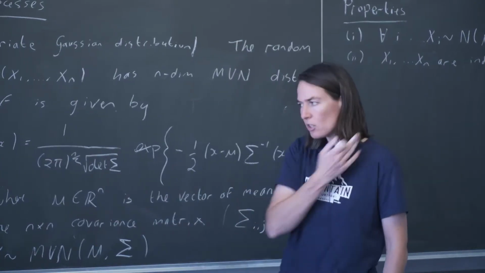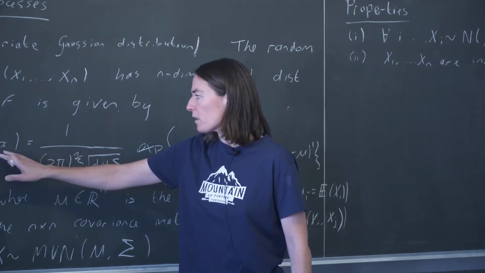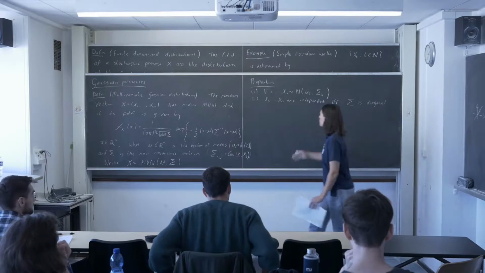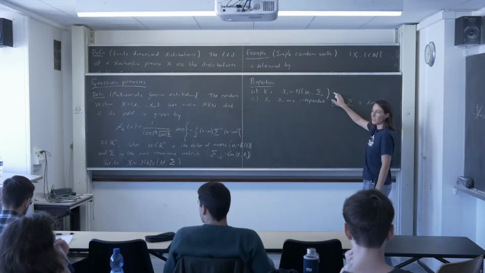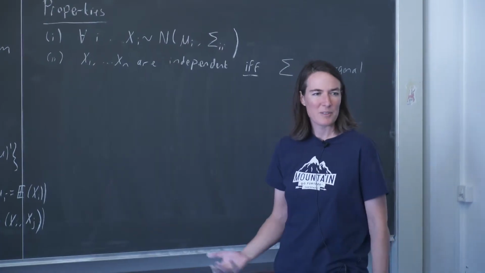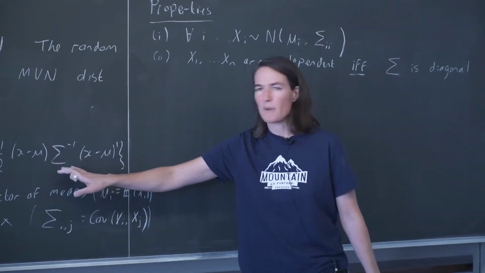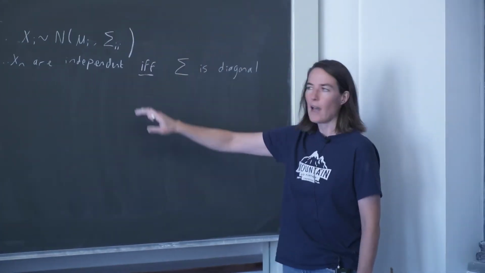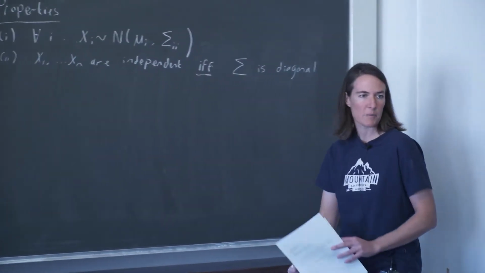So you fix one component, you integrate out everything else, you renormalize, and if you do that, you'll find this property. In fact, it's maybe quite a good exercise. It's essentially matrix multiplication, but if you do it, you can deduce this property.